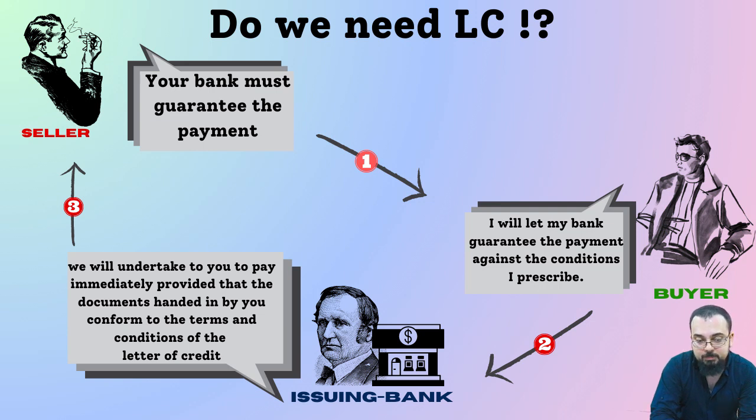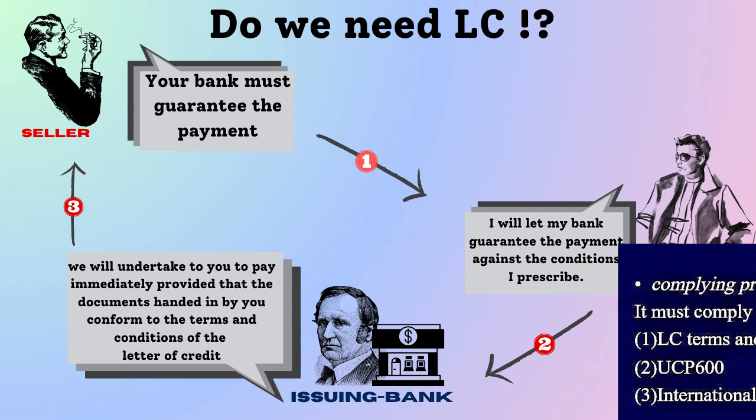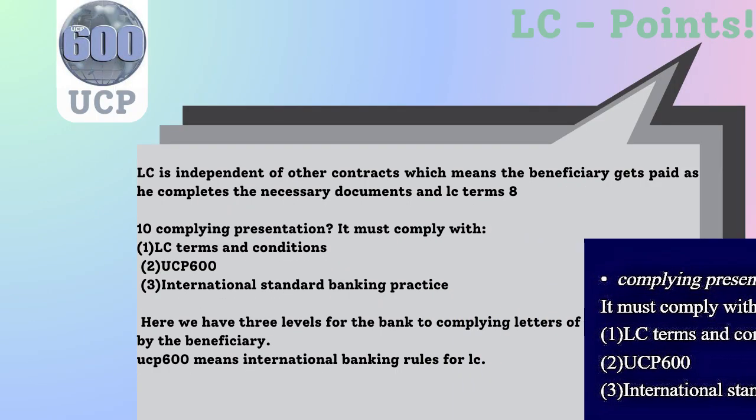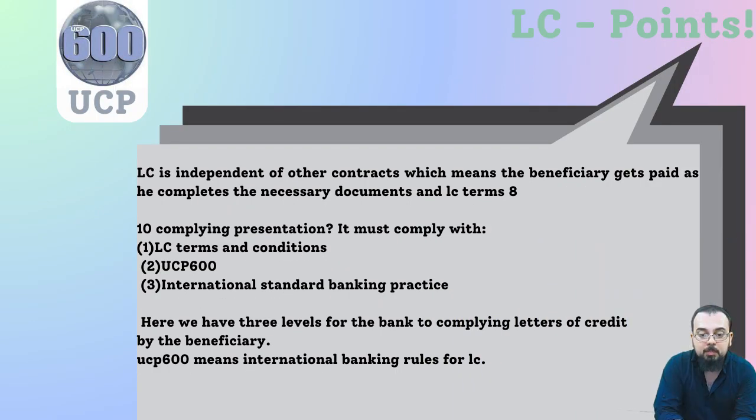Or better to say, LC is independent of other contracts, which means the beneficiary gets paid as he completes the necessary documents and LC terms. So completing the presentation is per LC terms and conditions, UCP, and international standard banking practice.